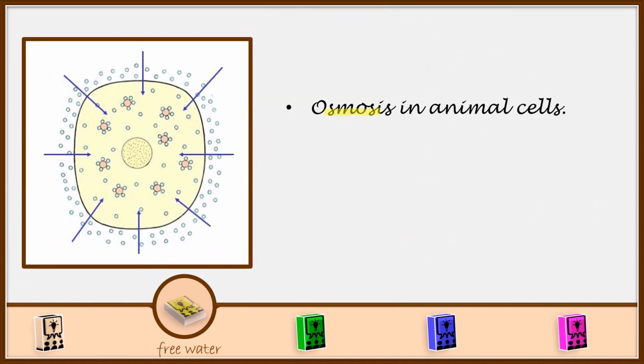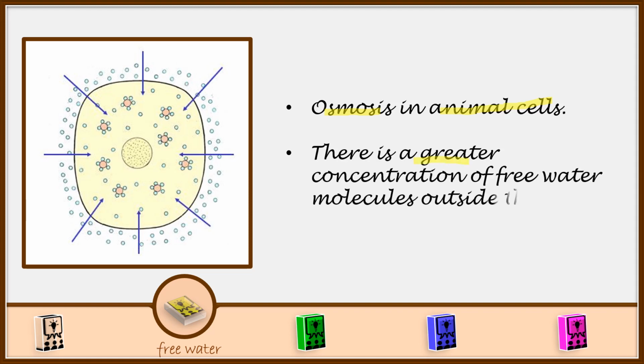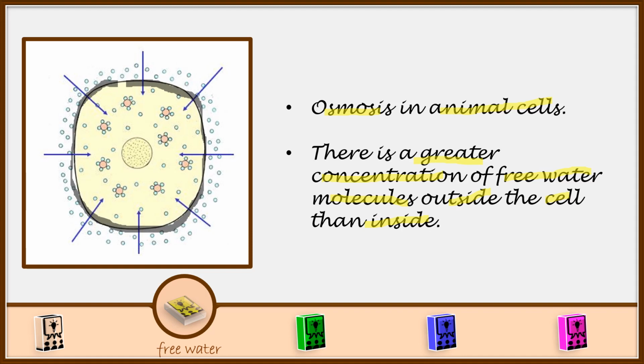Osmosis in animal cells. Let's look at osmosis in animal cells. There is a greater concentration of free water molecules outside the cell than inside. So when we look at our cell here, we can see that this is our cell membrane, which is surrounding the cell, and it is a selectively permeable membrane.